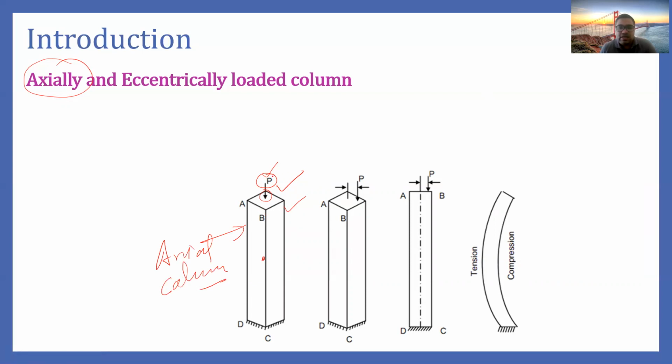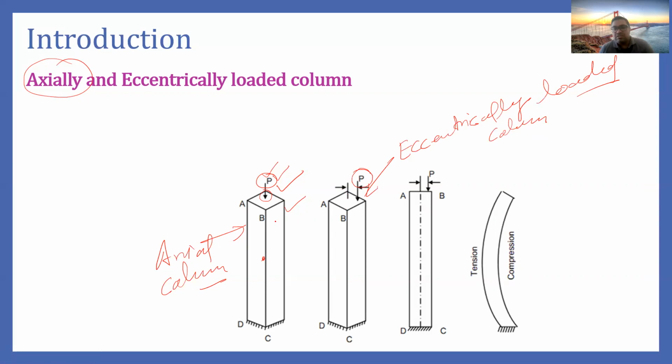Similarly, if the line of action of the force is not passing through the centroidal or center of gravity axis, in that case, the column will be known as eccentrically loaded. So an eccentrically loaded column means the load is not passing along the centroidal axis of the column.